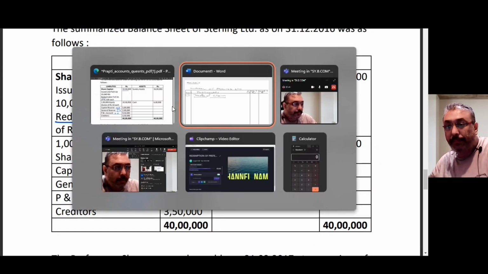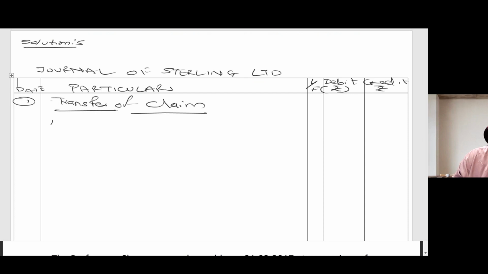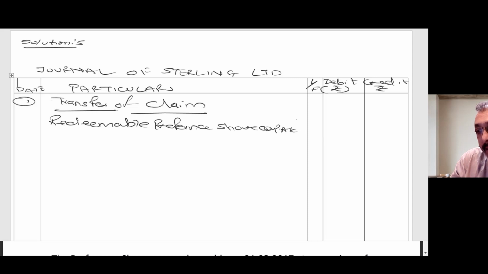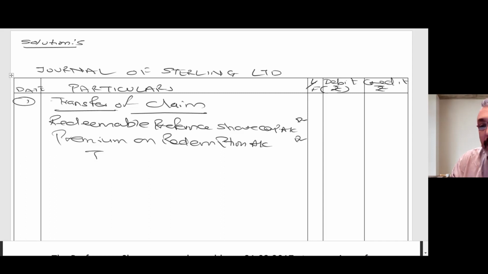So our entry should be: redeemable preference share capital account debit, premium on redemption account debit, to preference shareholder account.